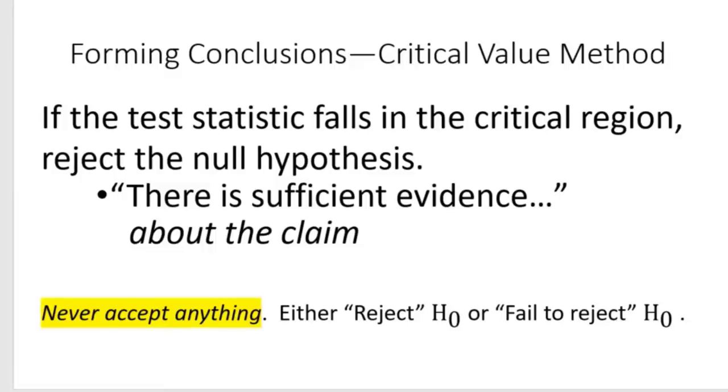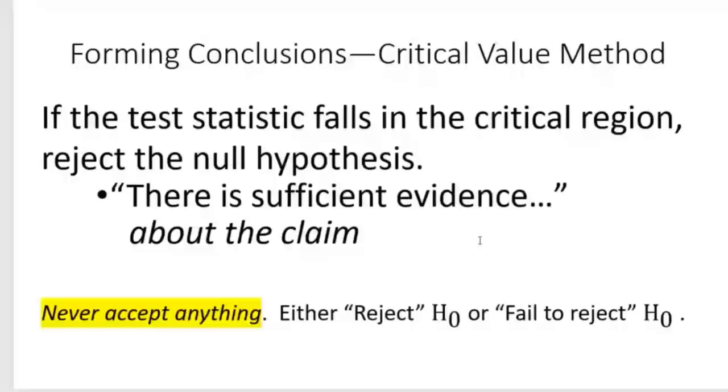You will have to form a conclusion that is based on the claim. It always has to come back to the claim. So we will either reject the null or fail to reject it, but our evidence will be about the claim.